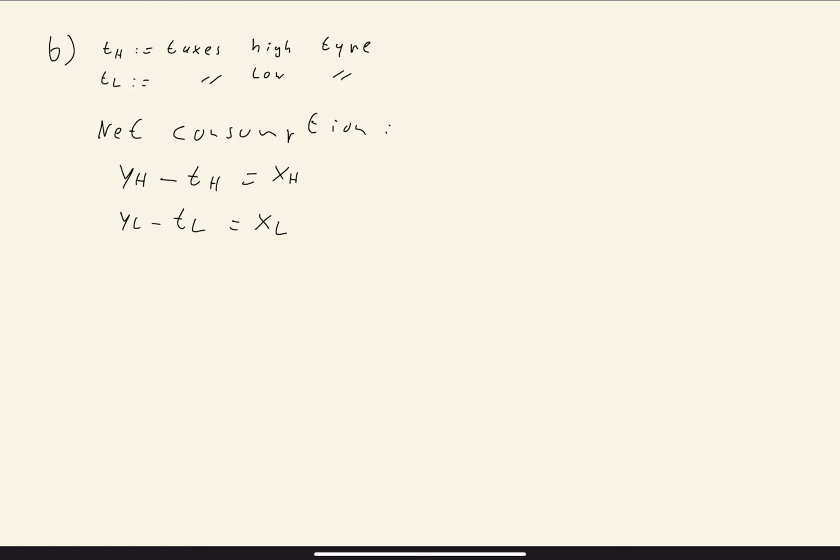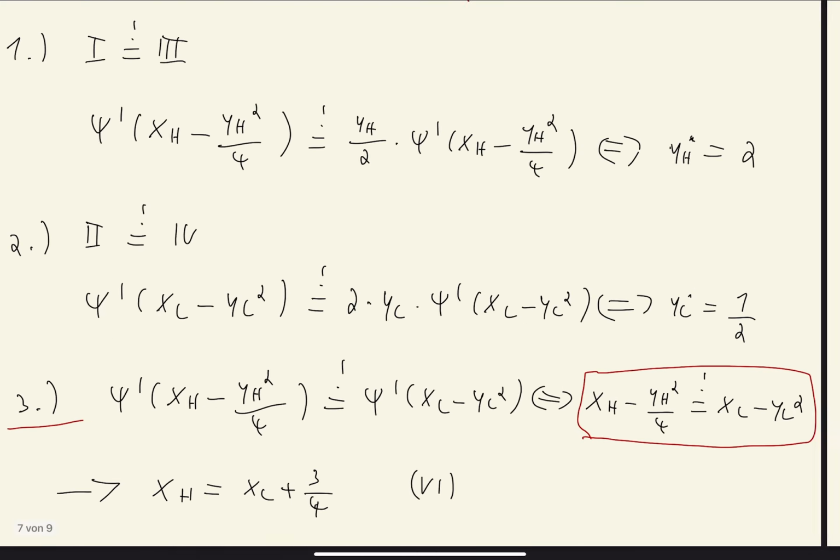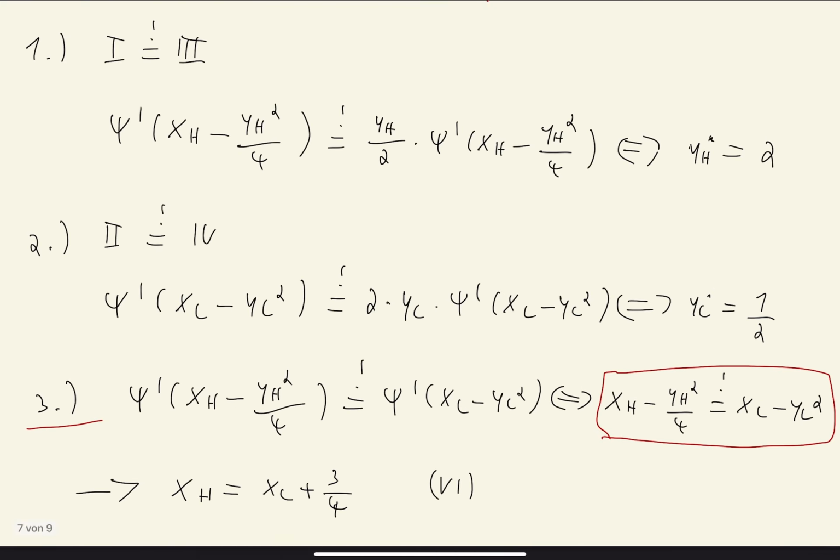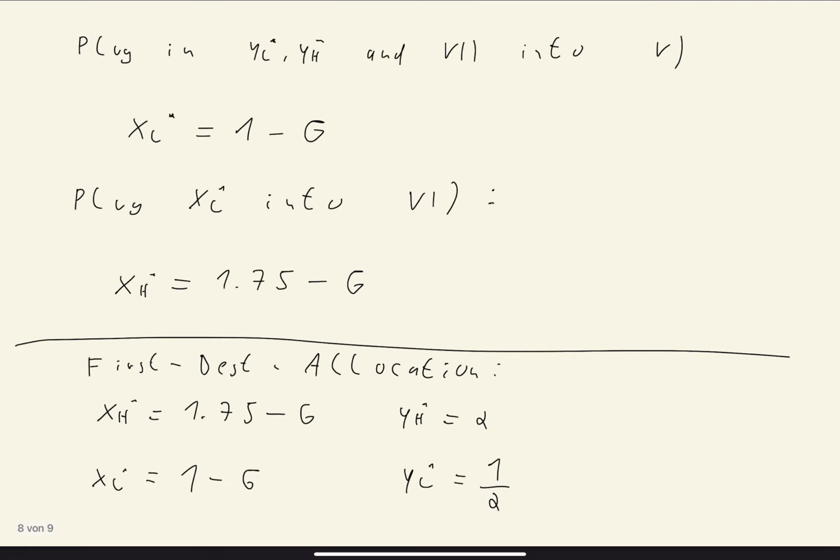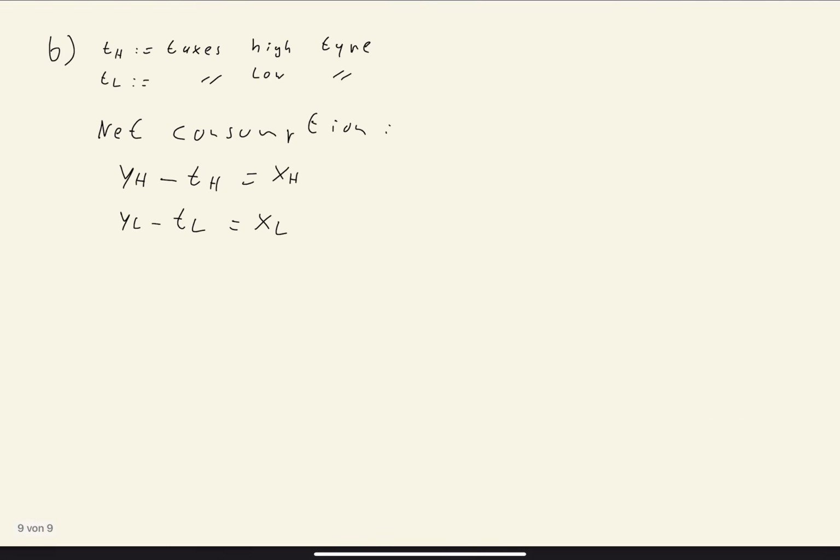Now, if we plug in those two conditions into the condition that I derived and showed you in a red rectangle, we can derive the relationship between the taxes. So we plug in XH and XL for the corresponding values.